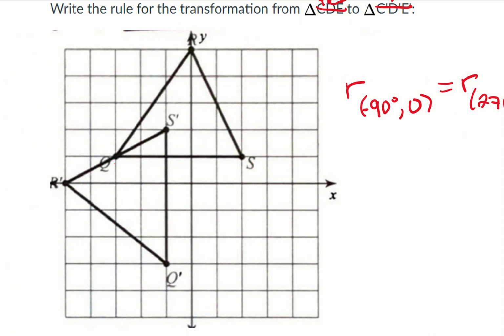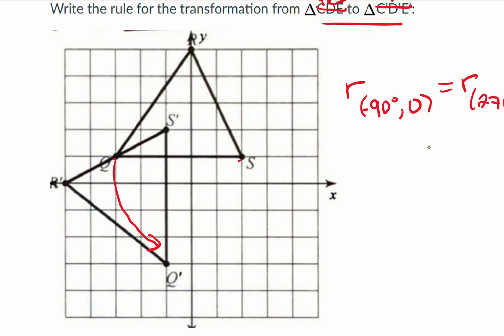So I'm going the wrong way. You're supposed to go from the unprimed to the primed, right? That's what it's saying here. So I'm supposed to be going from here to here, the other way around.